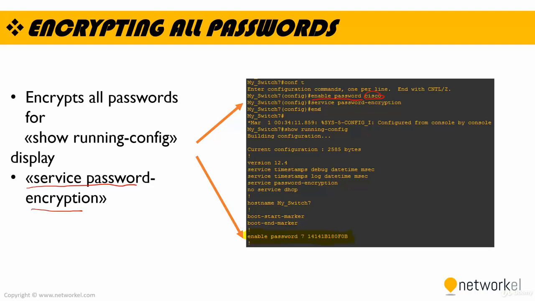But after that, if I use the service password encryption command, then if I check the show running config command, you can see that the enable password is hashed. That's encrypted. So we should always use the service password encryption command too.